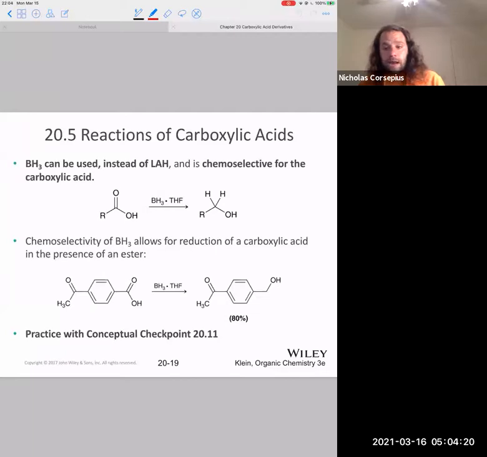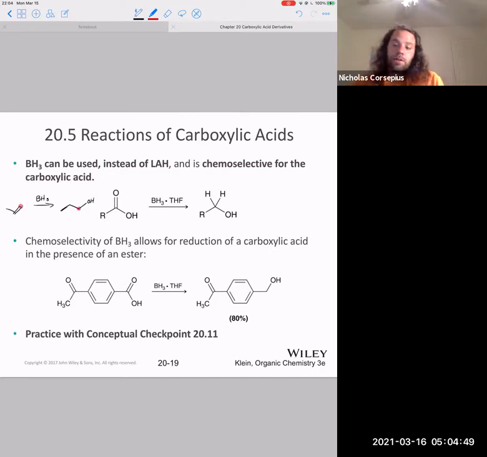The last one is kind of like a special case designer kind of thing, and that's using borane. Just as a reminder, what we're used to seeing borane used for, along with a bunch of other stuff, is that it's good at putting a hydroxy group on the less highly substituted carbon, right?